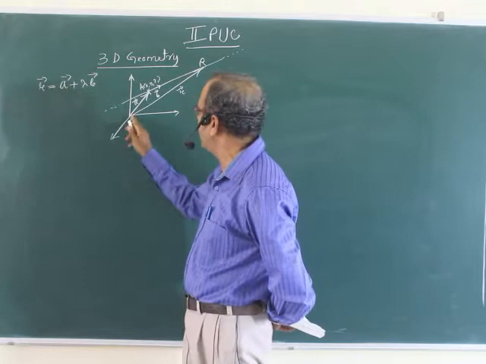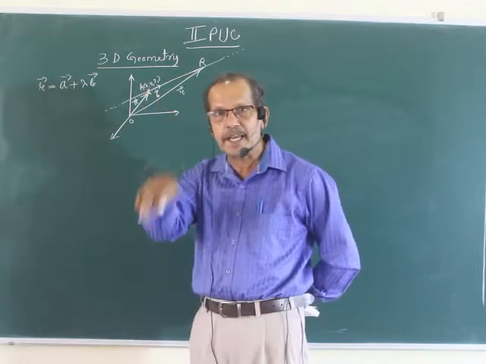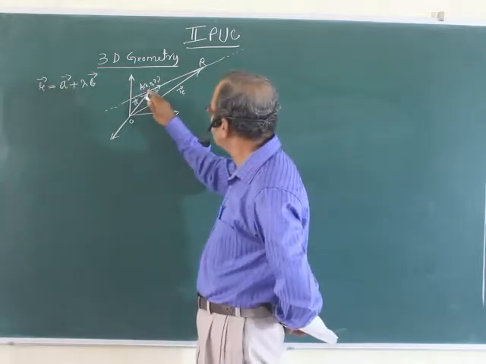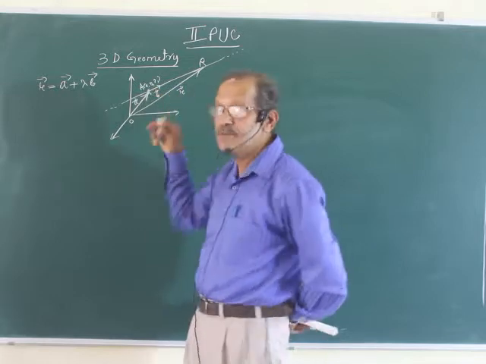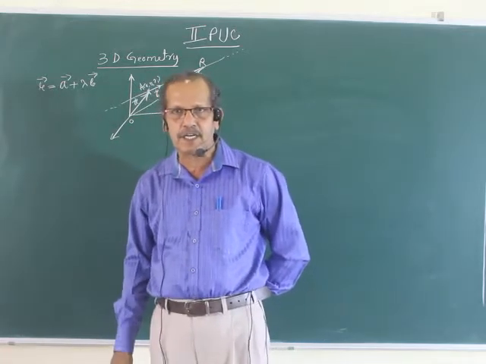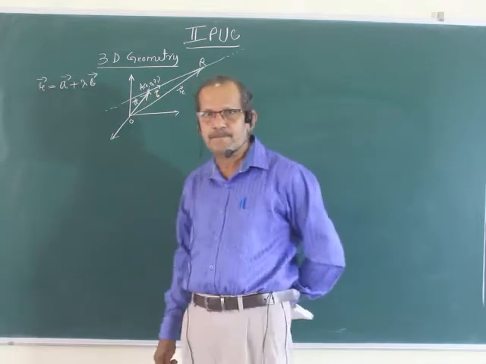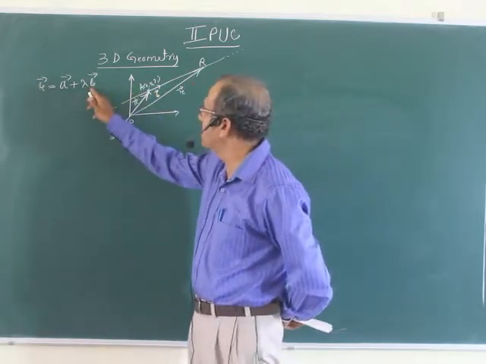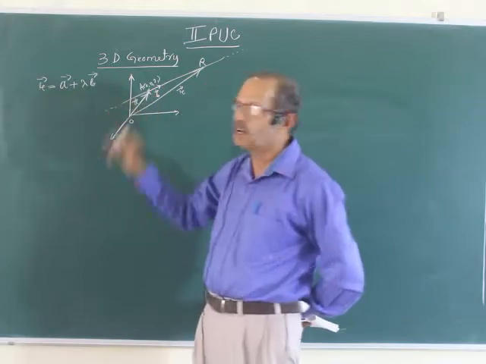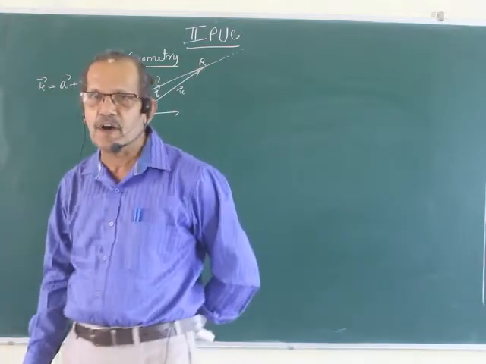First one is A, one point on the line must be given. And the vector B should be given, in which direction the straight line is. That direction is decided by the vector B. And finally, this is the vector form of the equation.